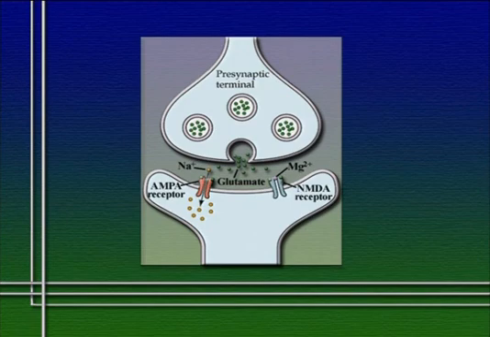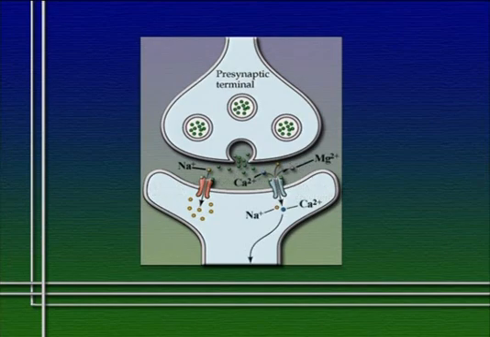But if the AMPA receptors are stimulated enough, for example, by repeated or rapid firing, then the level of depolarization of the postsynaptic cell gets to be high enough that the magnesium is driven off the NMDA receptors. The NMDA receptors now can respond to that same glutamate signal, allowing calcium to rush in, and as calcium works as a second messenger, essentially remodeling that synapse.